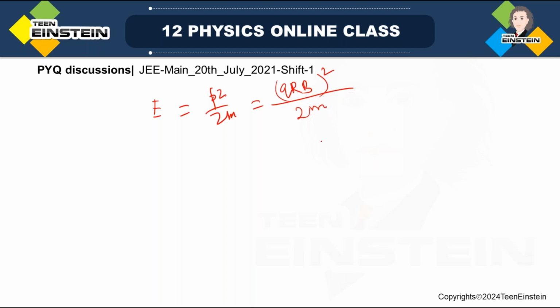Okay, so this E will actually come as 1.077 eV, in electron volt.